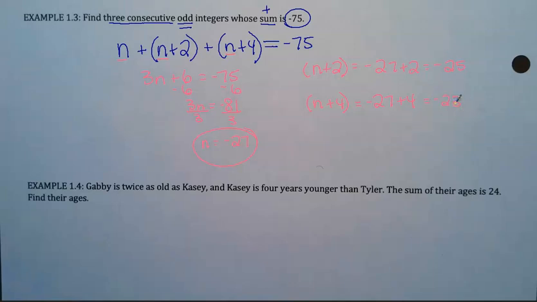So our consecutive odd integers are negative 23, negative 25, and negative 27. Okay, but again, we wrote the equation. We picked out the important information, came up with a plan, wrote an equation, and we solved. That pink doesn't show up super great, does it?